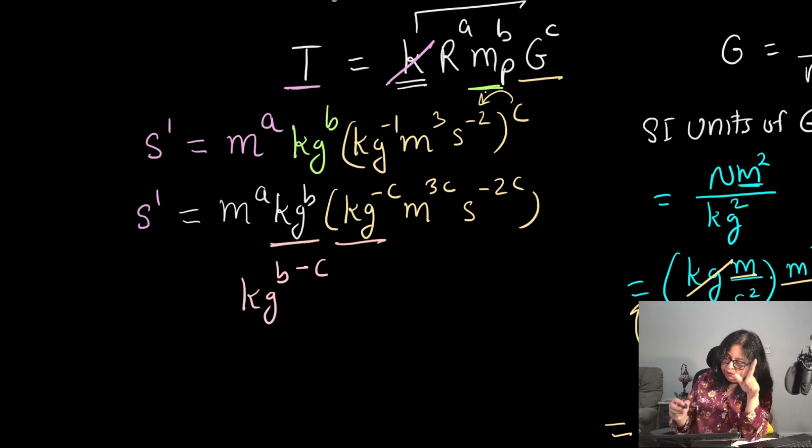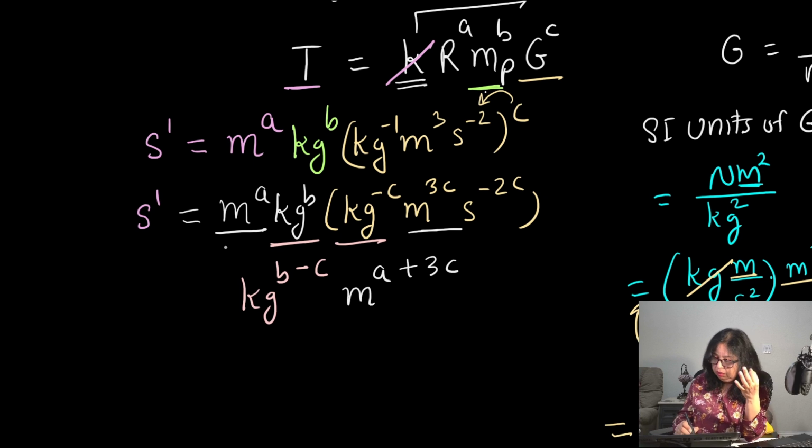After mass, let's move on to distance, meters. Meters to the power A, and here's meters to the power 3C. Last I have seconds to the power minus 2C. Here on the left-hand side, I have seconds to the power 1.